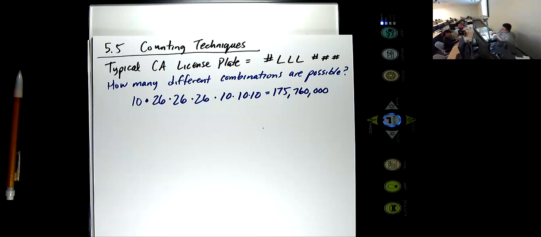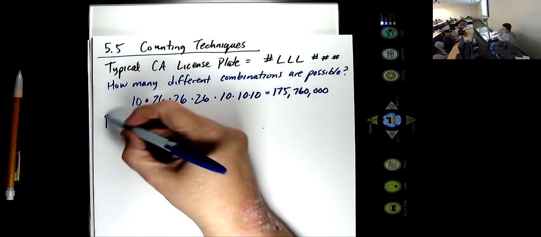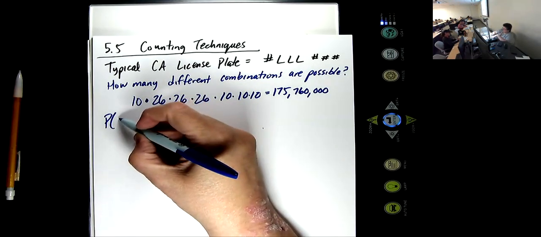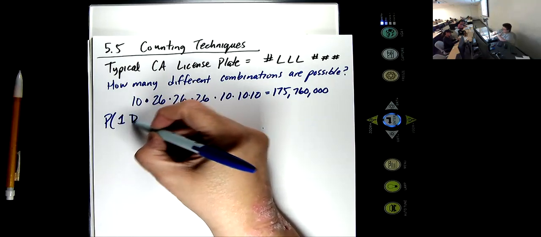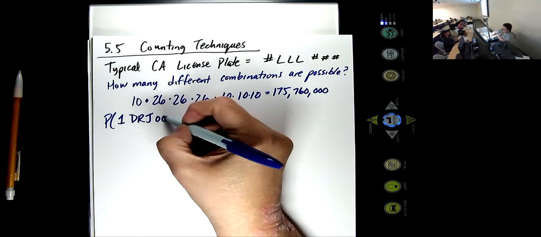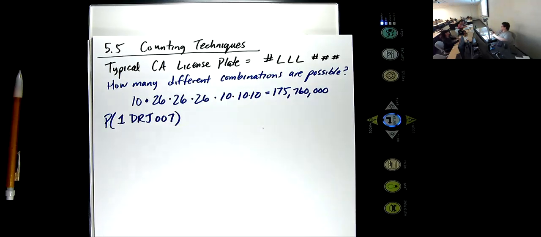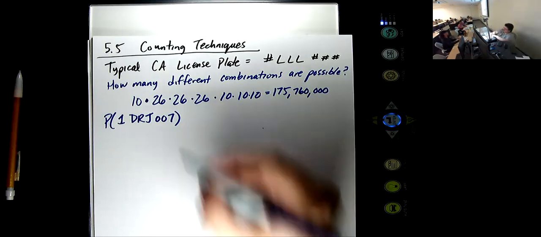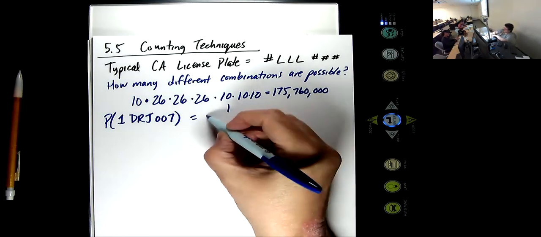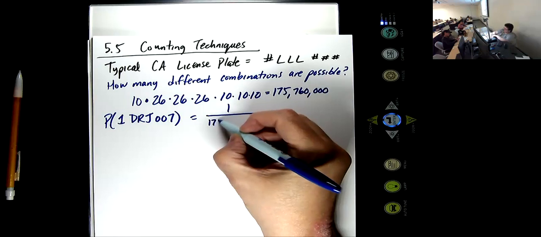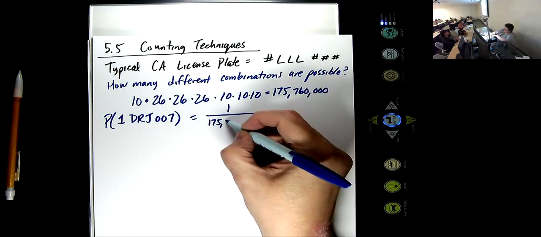So if I wanted the license plate, the probability of my license plate being number 1, DRJ 007, DRJ is my initials, there's only one license plate like that out of 175 million combinations.